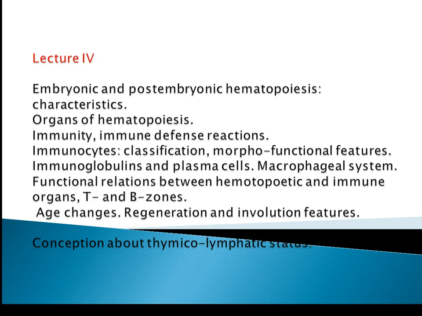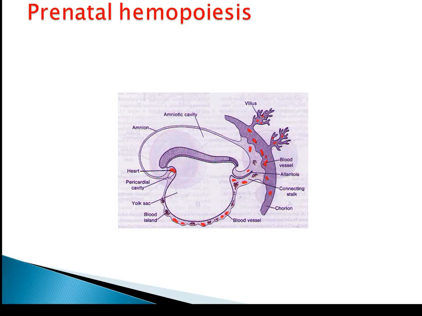It is the fourth lecture, and the topic of the lecture is, first, embryonic and post-embryonic hematopoiesis, the characteristics, organs of hematopoiesis, immunity, immune defense reactions, immunocytes, immunoglobulins, functional relations between hematopoietic and immune organs, age change, concept about the thymico-lymphatic status. So let's start.